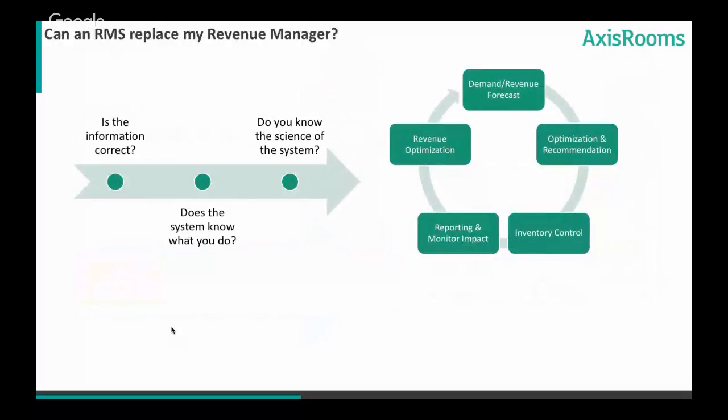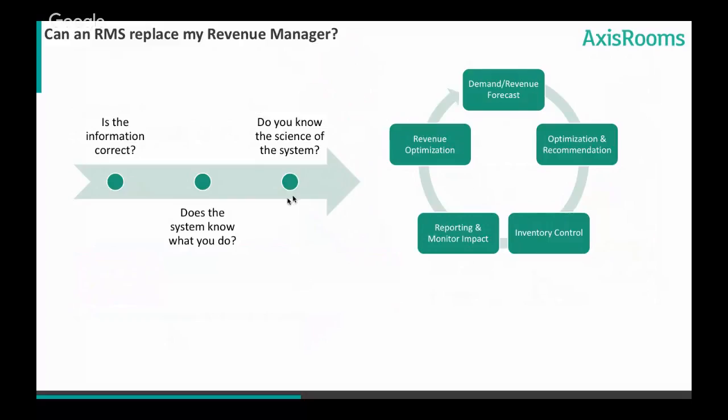Now, another misconception, my final misconception, is about revenue managers and revenue management systems. Now, I get asked the question a lot. If I get a revenue management system, does that mean that a revenue manager will no longer have a job? Now, I can tell you this is far from the truth. Here, you can see a revenue optimization cycle.